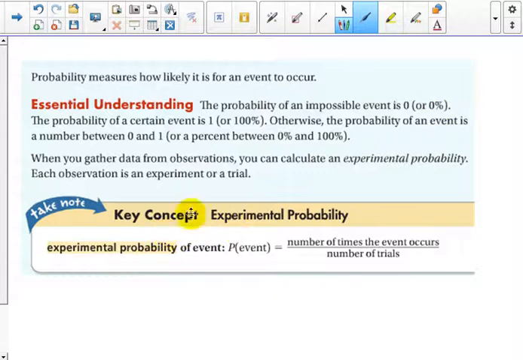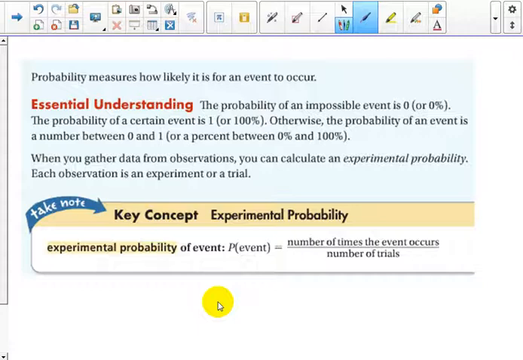All right, so for experimental probability, it says probability just measures how likely something is to occur, or an event. An event could be how many green marbles can you pick from the bag? How many cars or how many boats are in the parking lot as opposed to cars?